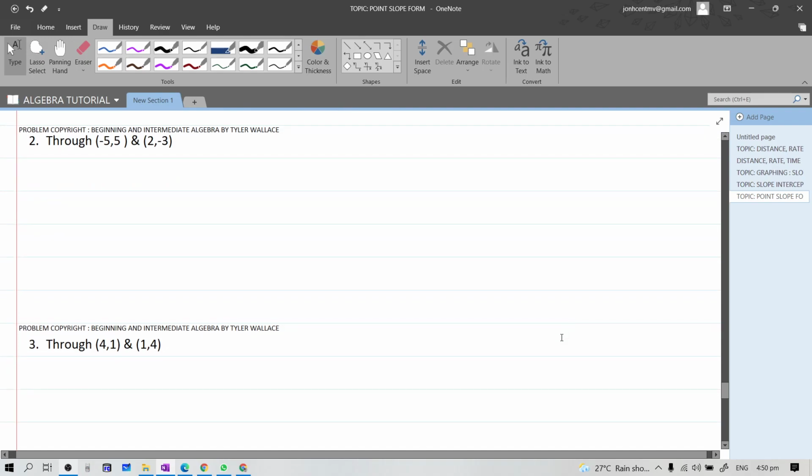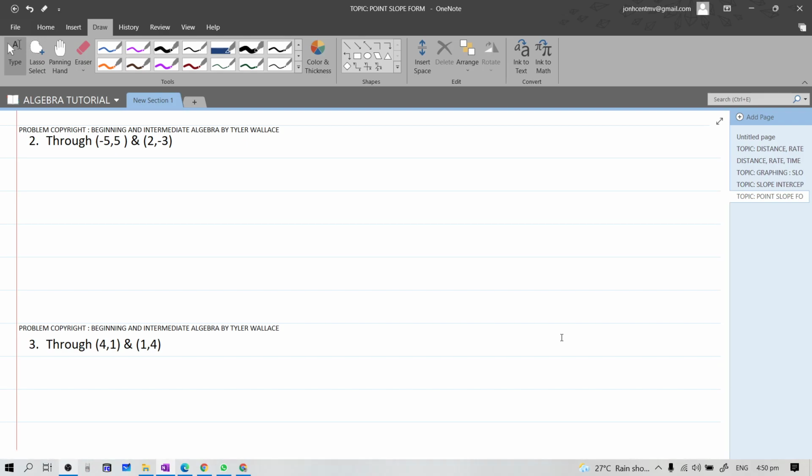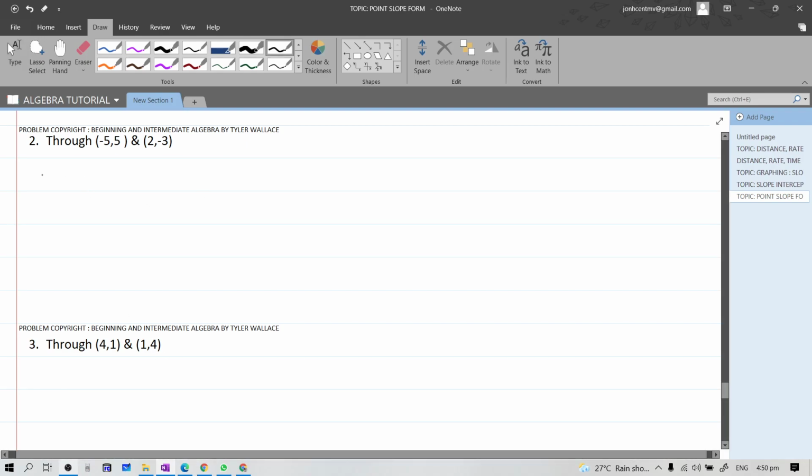Next, for problem 2, we have (negative 5, 5) and (2, negative 3). So, that is y sub 2 minus y sub 1 over x sub 2 minus x sub 1. Then we have negative 3 minus 5 over 2 minus negative 5.